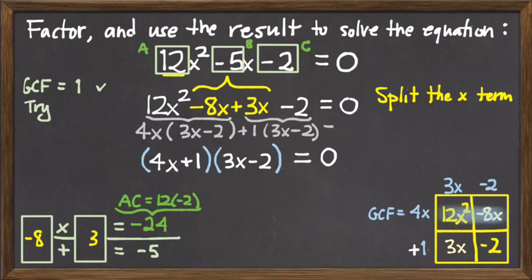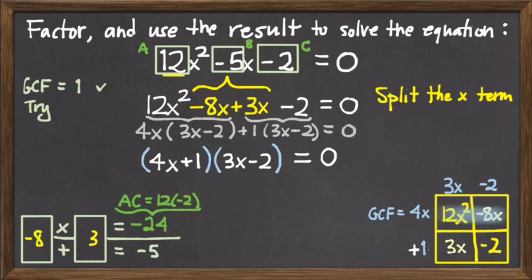And then from there, you'll use the technique they call factoring by grouping, just to recognize that each of these 2 terms has a common factor of 3x minus 2 that we can bring out and just write once, with its cofactor being made up of the 4x and the plus 1. So, I don't know. I'm of the mind that I like this little square better, because I think it better helps me to explain how we get to where we got. But that was the hard bit in the whole process, the factoring bit.